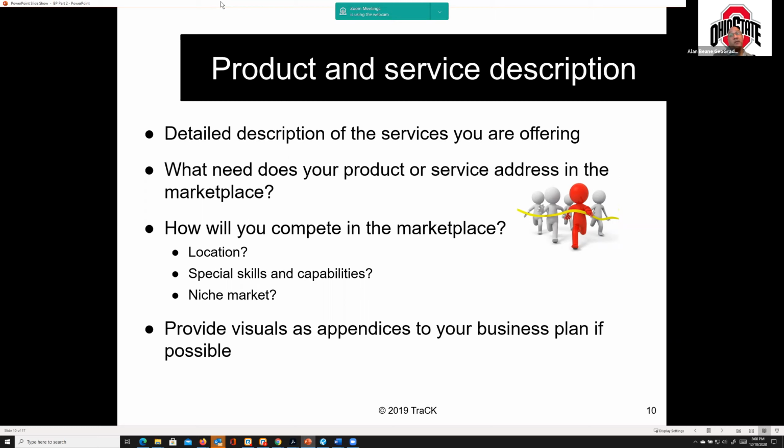Are you doing 3D and 4D modeling? Are you offering schedules when you give some of your submittals? Can you estimate costs for your projects and your designs? And also, what need does your product or service address in the marketplace? Are there a lot of, for instance, private consultants that do what the public organizations typically would take on?